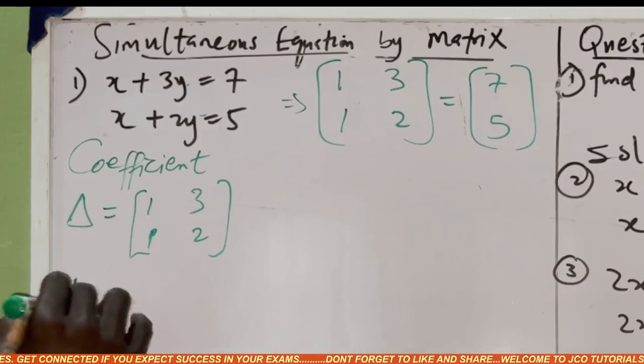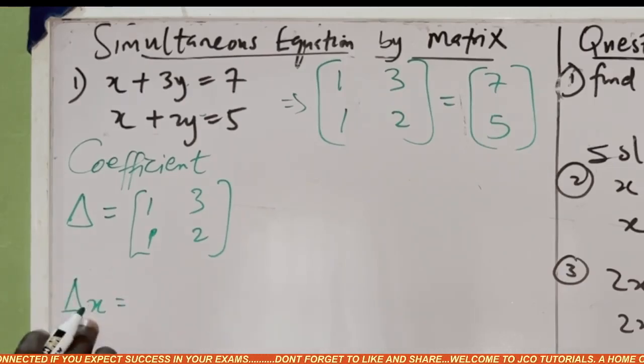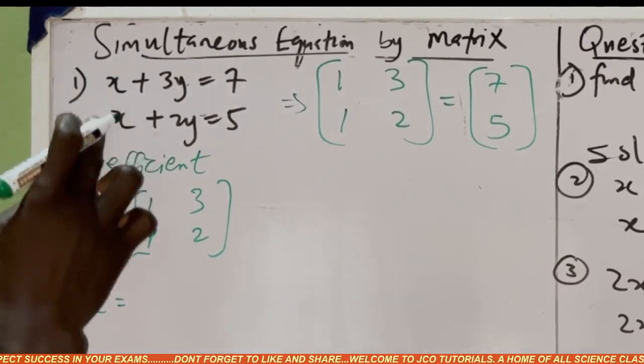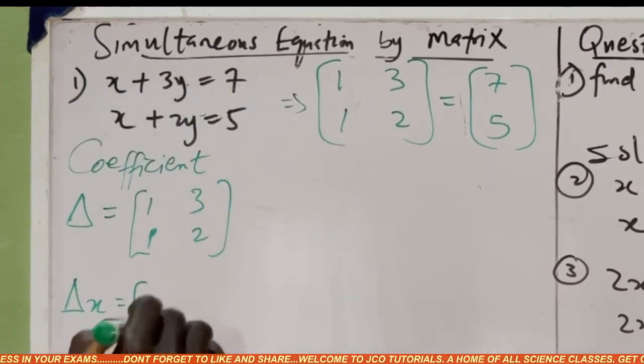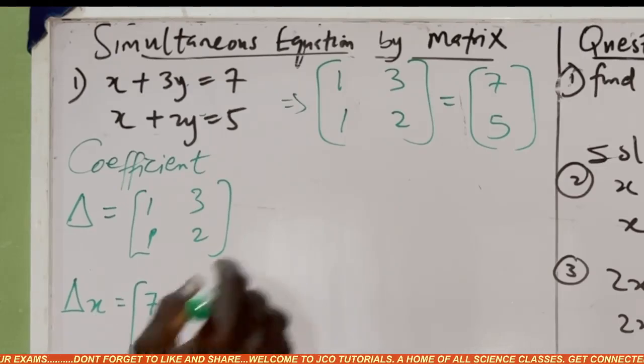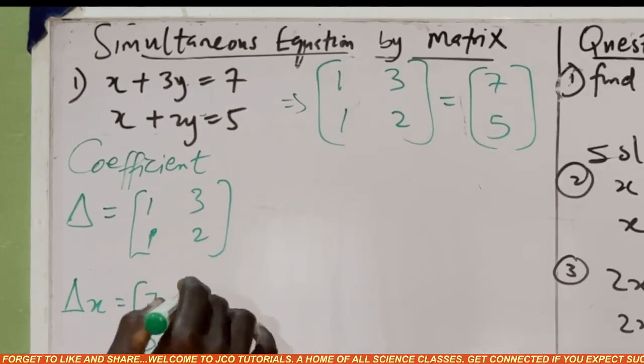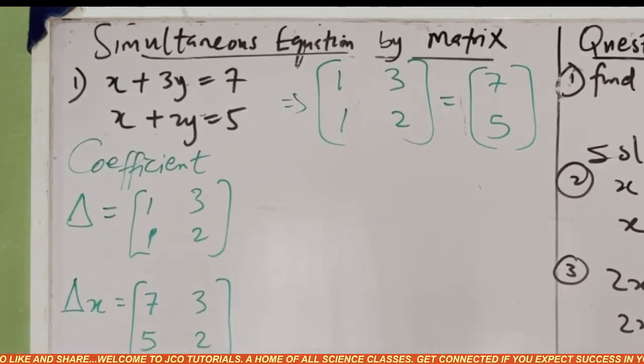And then we'll go for the second determinant, but this time determinant of x. In this case, the coefficients of x, which is 1 and 1, must be replaced with your constant 7 and 5. Then your matrix remains the same. Simply put, 1 and 1, 7 and 5.